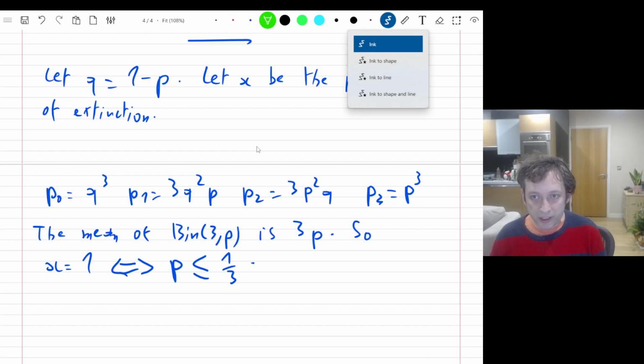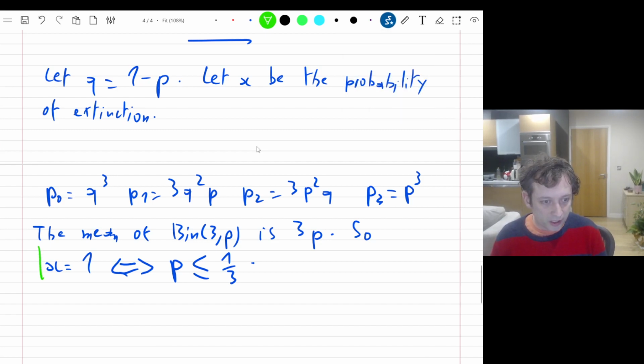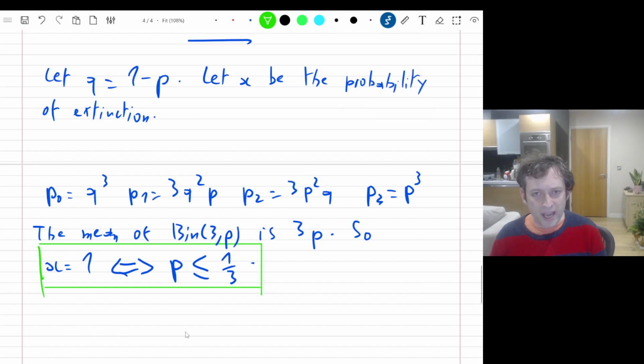Let's box it, especially since I have the tools to draw some nice boxes here. I recommend boxing your results. It helps whoever reads them on an exam script. So we have that, and when p is bigger than 1/3, we'll be able to actually compute it.